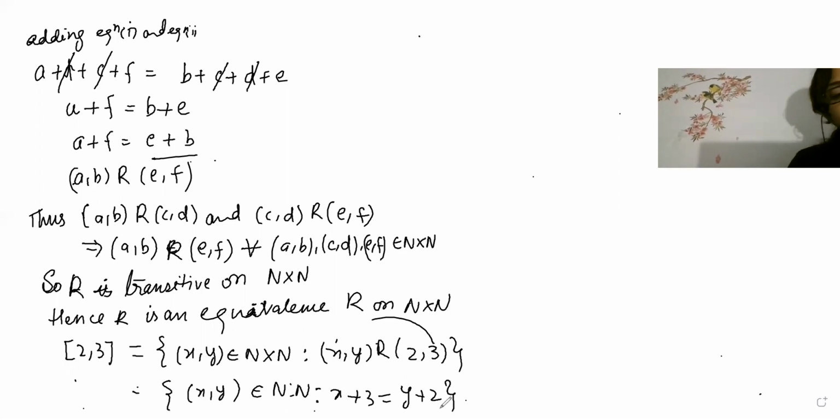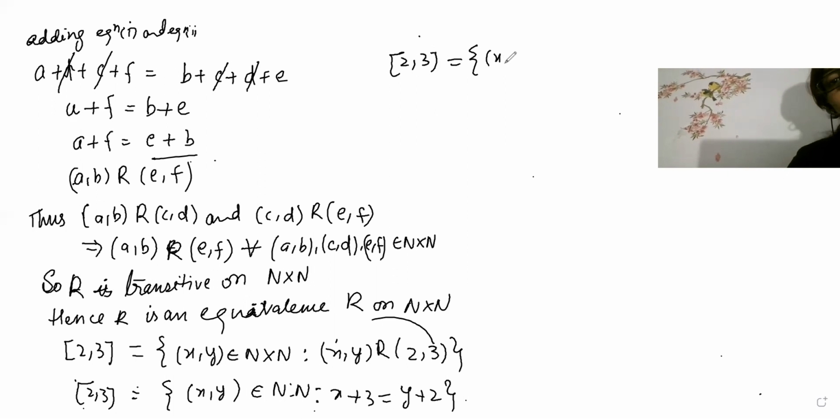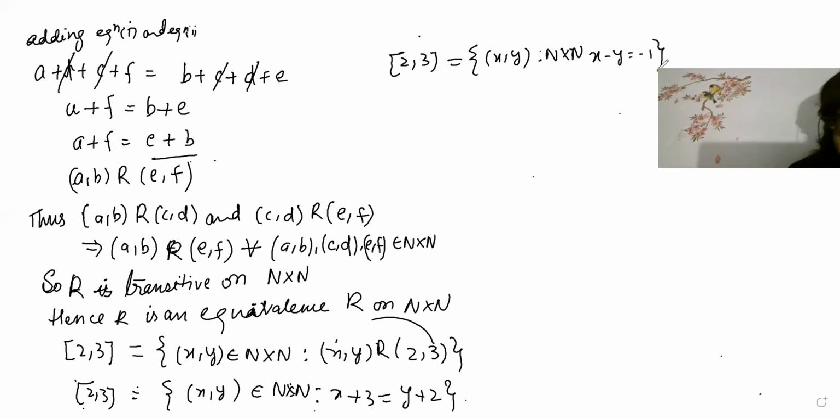Now solve this one for equivalence class (2, 3). That means for equivalence class (2, 3), it will become (x, y) in N cross N such that x minus y is equal to minus 1. So what value of x? x minus y, 2 minus 3, so it will become x minus y equal to minus 1.